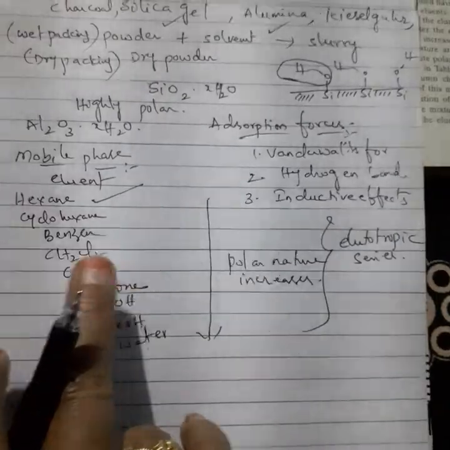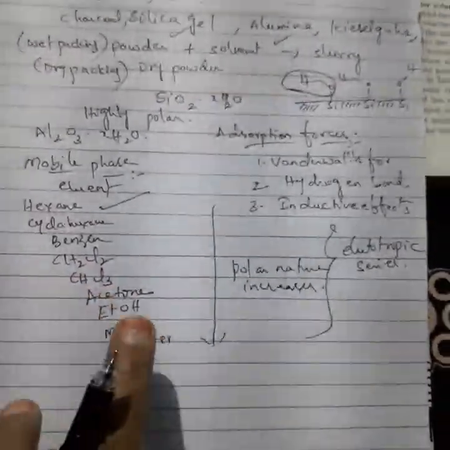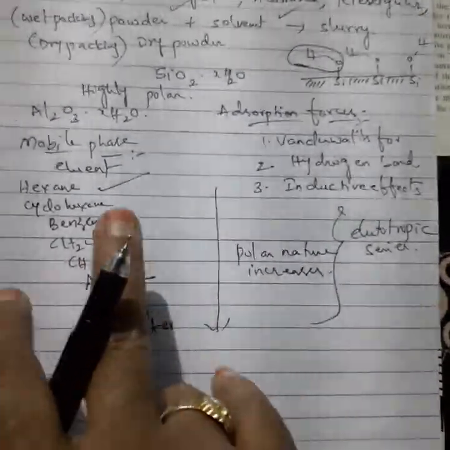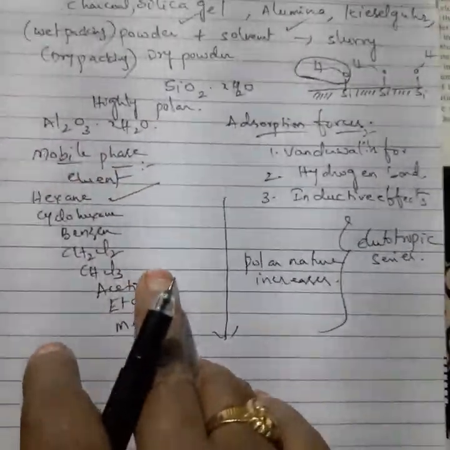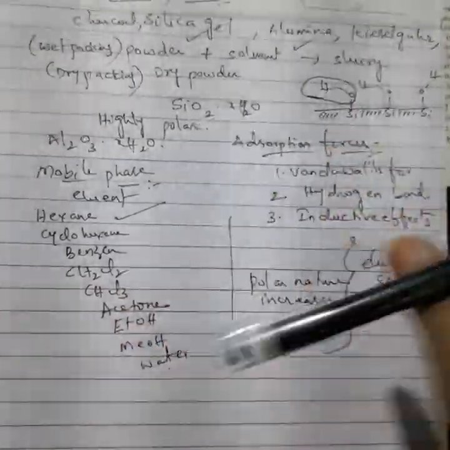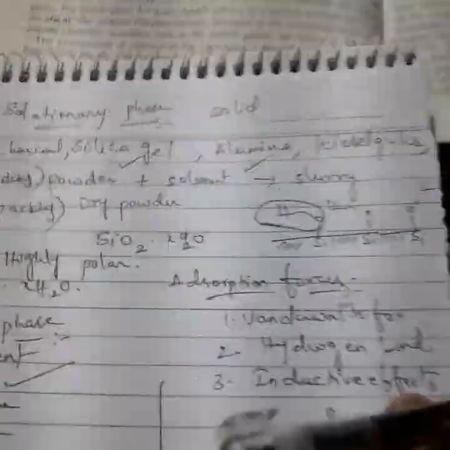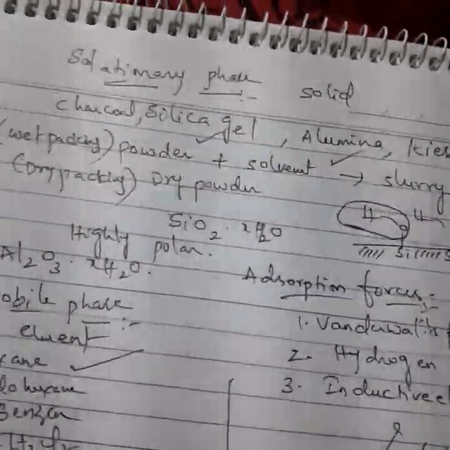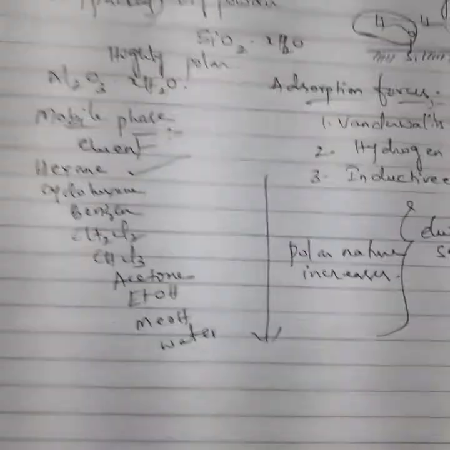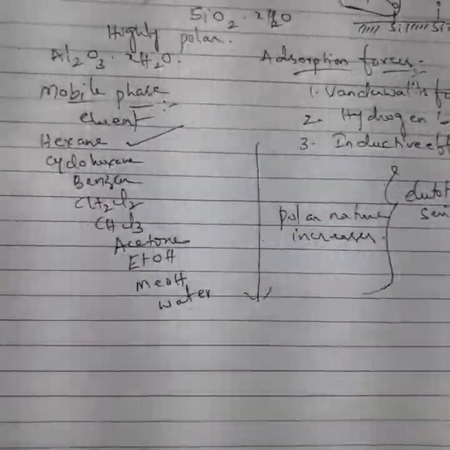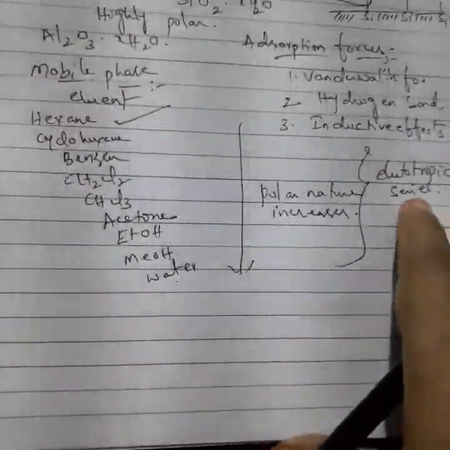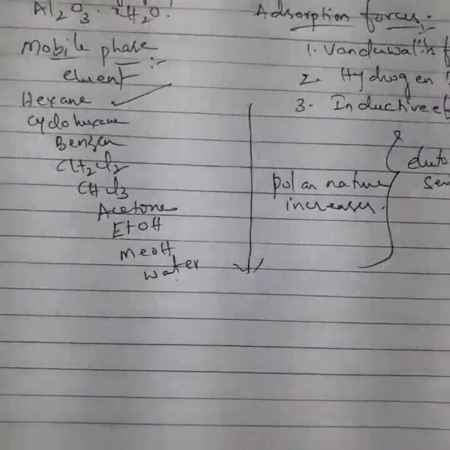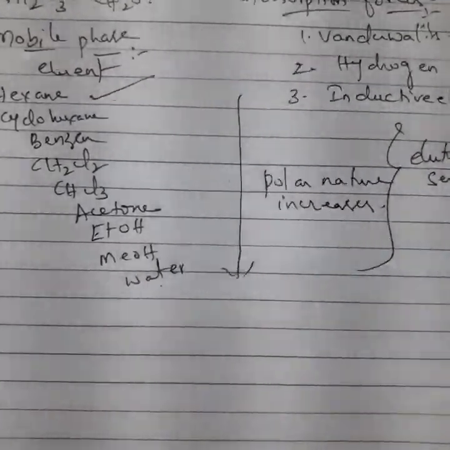If the separation is not going fast, in such conditions we need to increase the polar nature of this organic phase, in a ratio like 10:2 or 9:1. And in the last video I told you, the adsorption capacity depends upon their polar natures, so that A and B get separated, right?